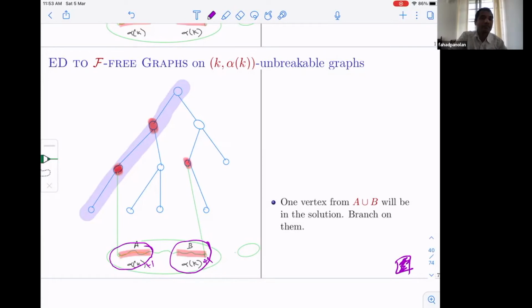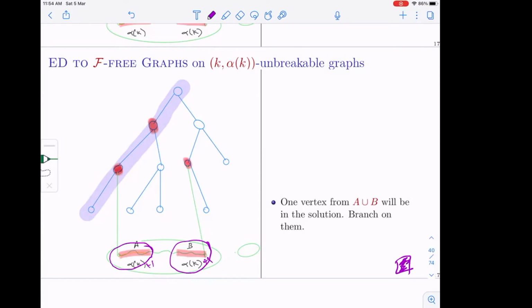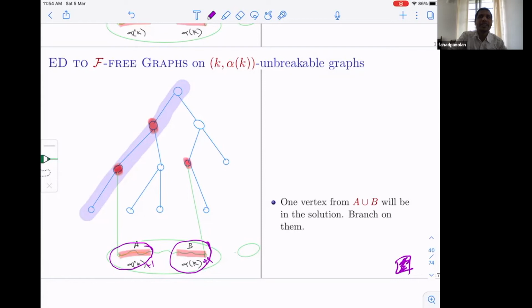No, but this alpha K is provided by that result. True. Yeah, correct, you can apply it. You're right, because we are asking about the connected component size at the bottom.